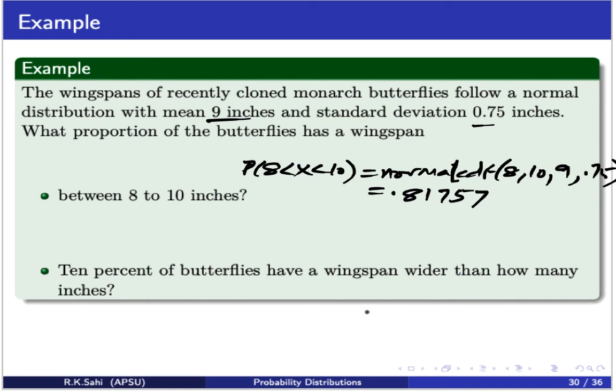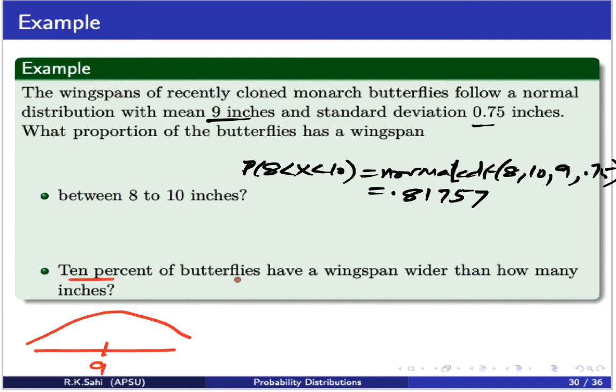Okay, now let's look at this next problem. This is very similar to what we just talked about, finding the points on the horizontal line. Let's read the problem. It says 10% of butterflies have a wingspan wider than how many inches? Let's first draw the bell-shaped curve. So here's my bell-shaped curve, and the percentage means I'm given the probabilities, keep in mind. So I have my 9.